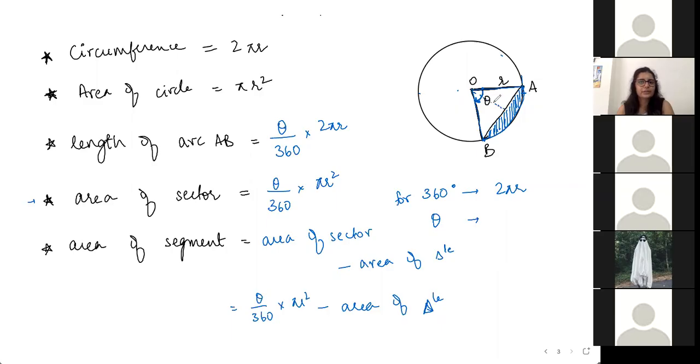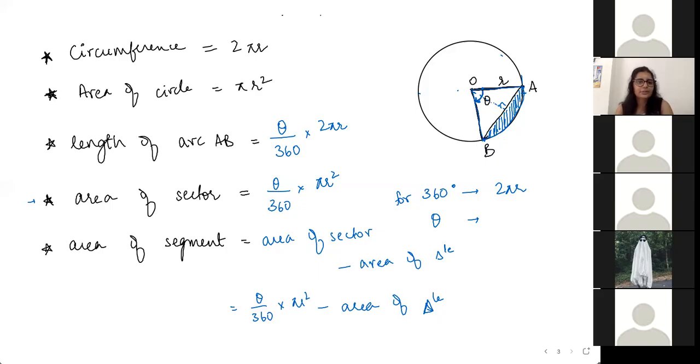For that you need to know the formula for height, or any base or height. If you're given the length of the chord and the height, that is one way to find it. Another way is half BH. If theta was 90 degrees, then base and height are going to be the radius itself. If theta was 60 degrees, then this becomes an equilateral triangle.